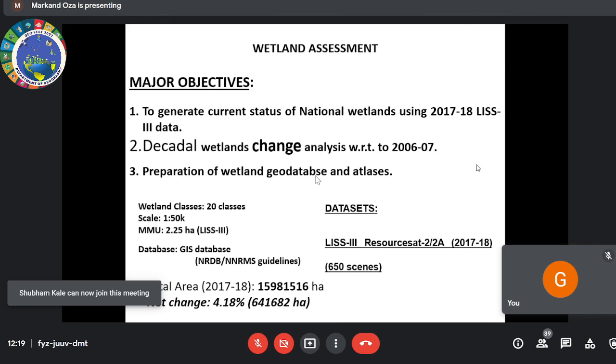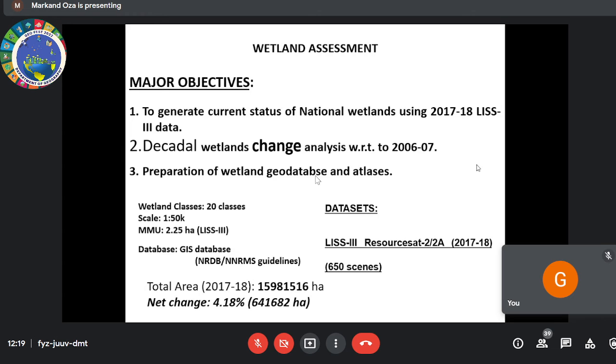You see, a water body might have shrunk, so the number may remain the same, but the area might have decreased. So basically, it is to identify what is causing urban flooding. Now these maps have been prepared. For that, as you can see, 650 scenes of Resourcesat-2 and 2A were analyzed.